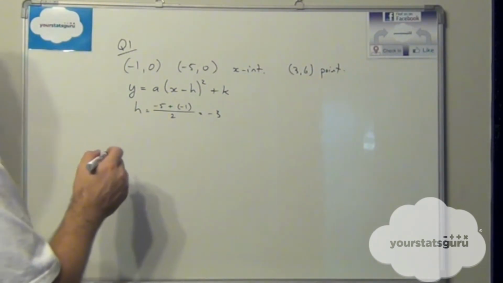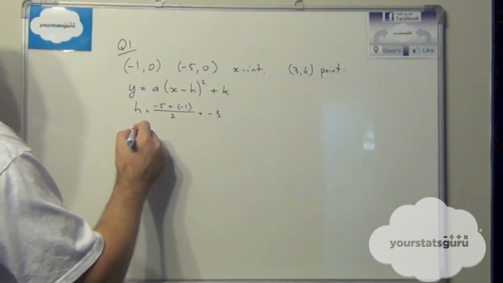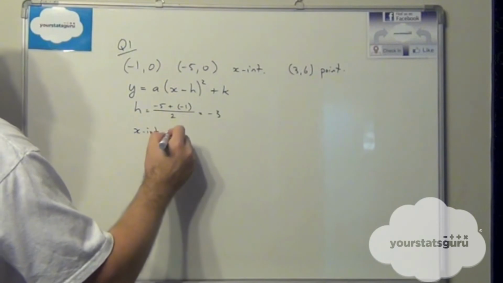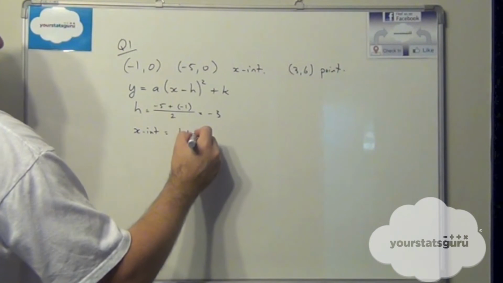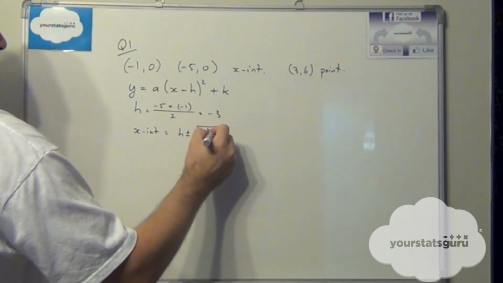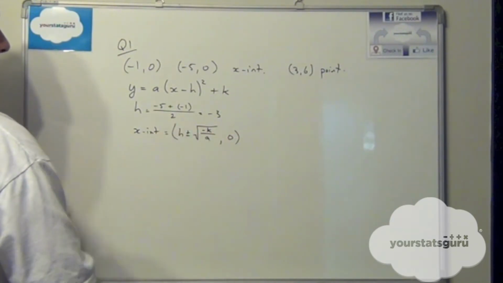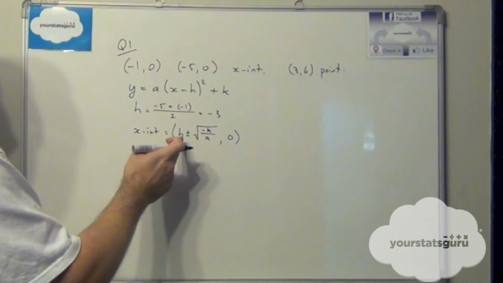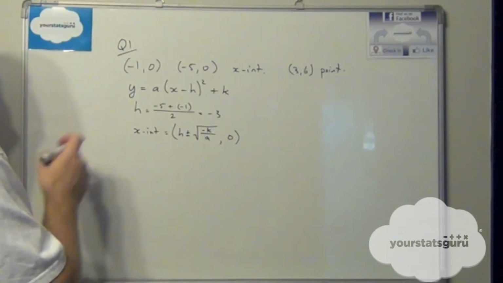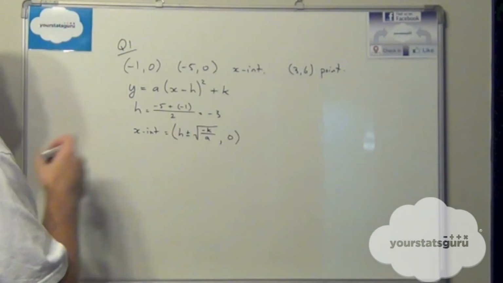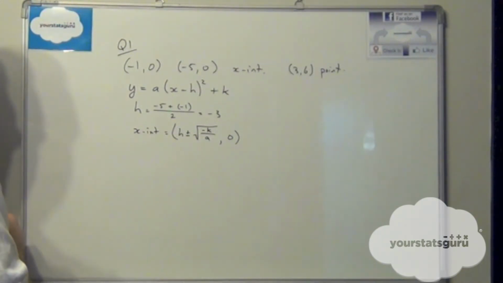Now, the next thing to recognise is that the x-intercepts are given by h plus or minus the square root of -k over a, comma 0. So we know the value of h, and we know two values for the x-intercepts, so we could use that to construct two equations.